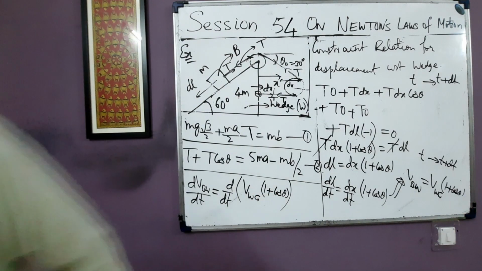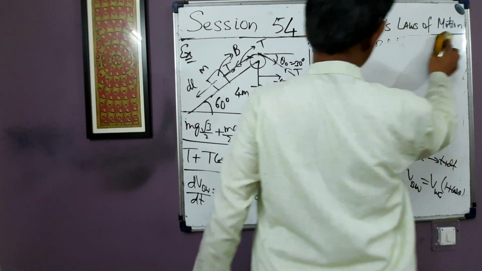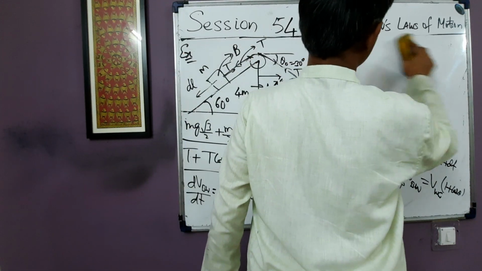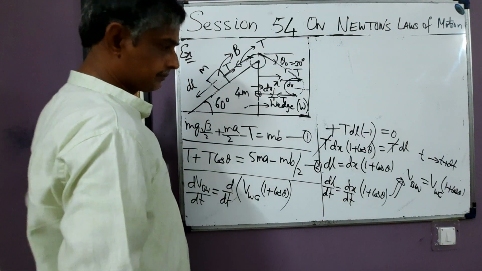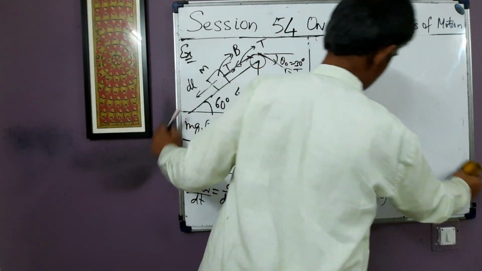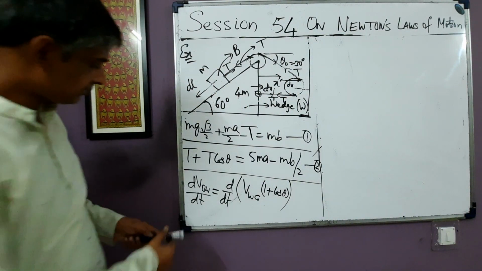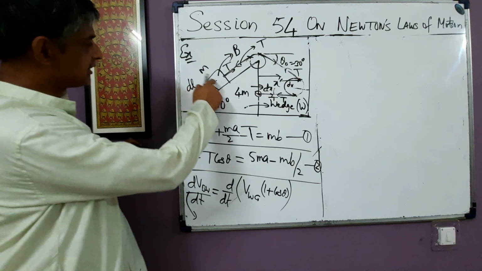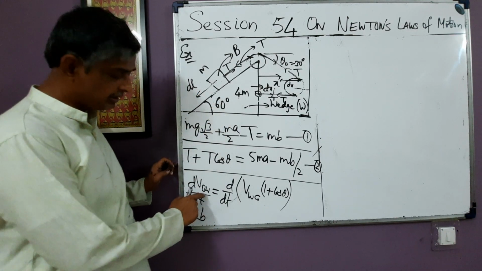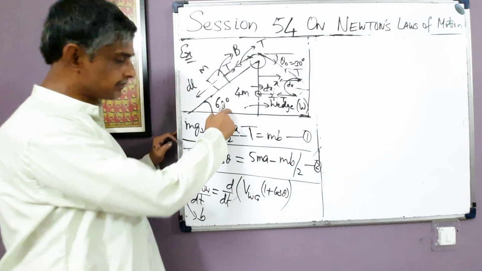Now differentiate this. This quantity becomes acceleration of block with respect to wedge, which is simply b. dVBW by dt, acceleration of block with respect to wedge, this b.